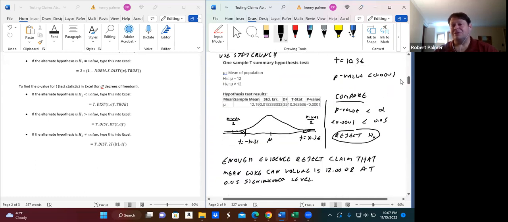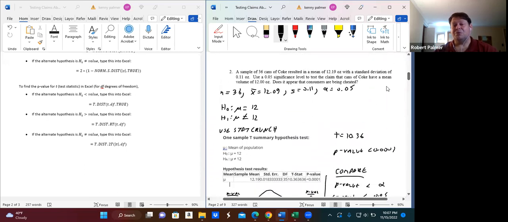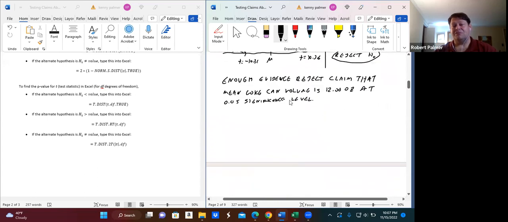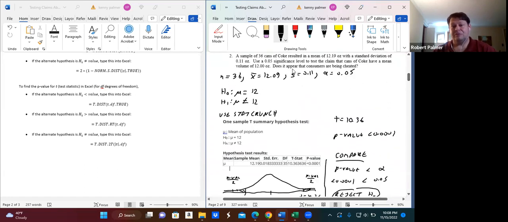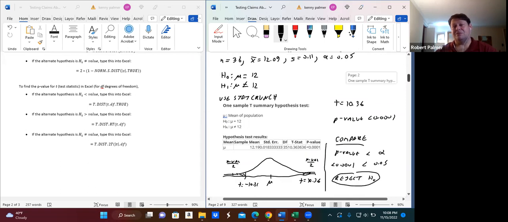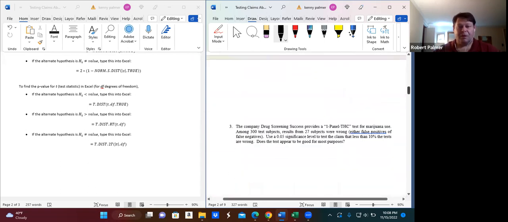That suggests most likely, although this isn't part of the formal statement, that Coke cans have more than 12 ounces on average. So the consumer is not being cheated, actually getting a little bit more than what it claims. But that isn't actually part of the hypothesis test. The hypothesis test is just rejecting the claim that it is equal to that. But it appears from the data that it's going to be more. Okay. Next one.